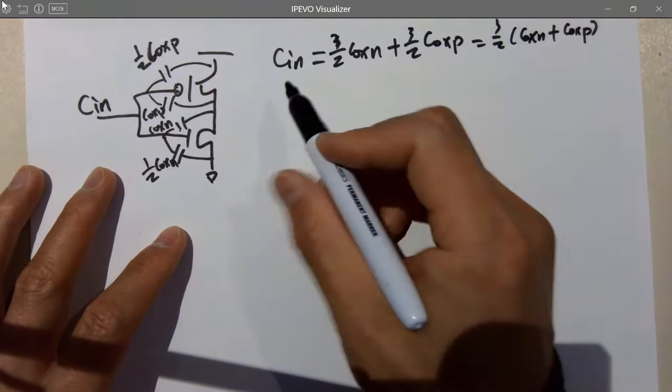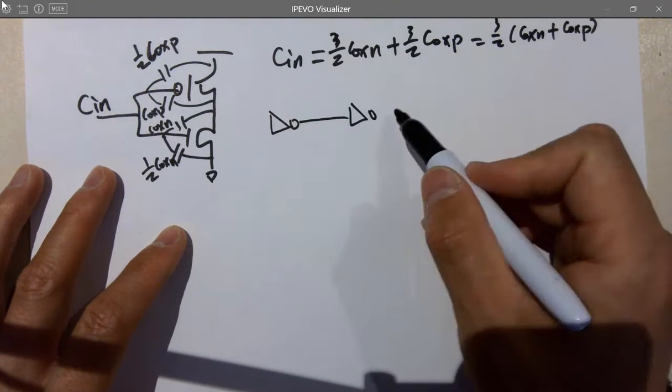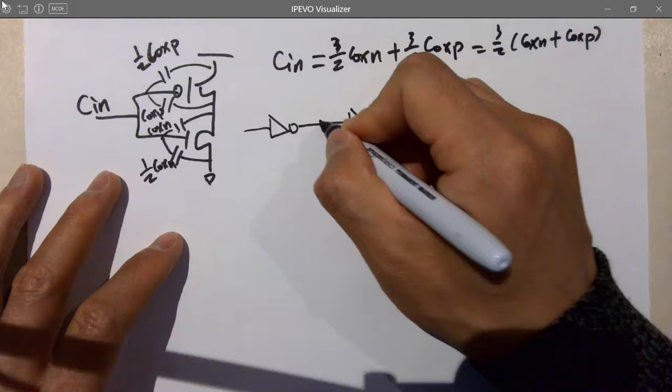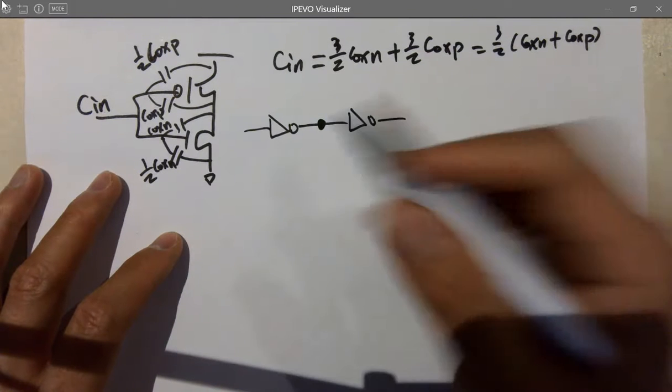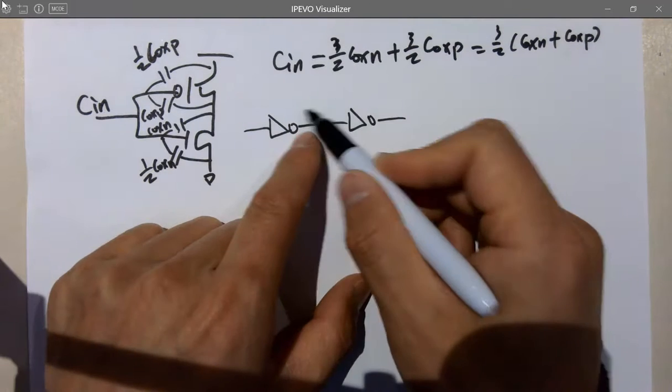If there are two inverters being shorted to each other like that, you have seen a similar structure in a ring oscillator. They are looking into the two directions from this point.